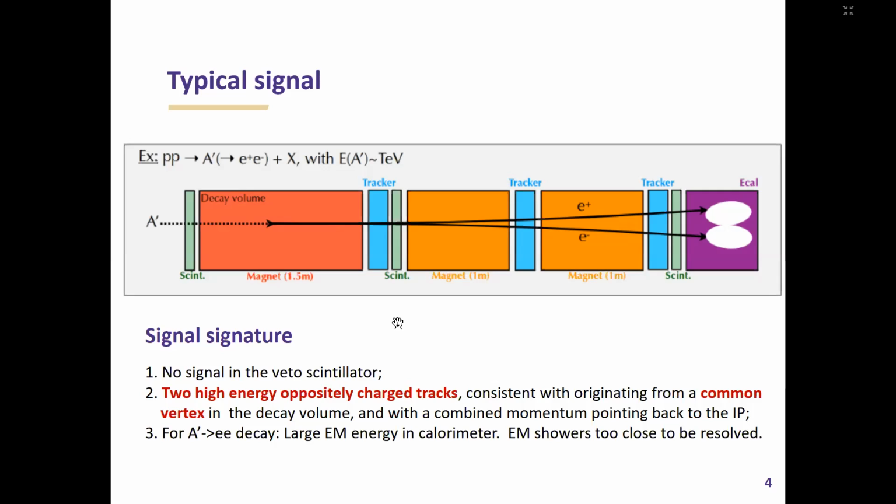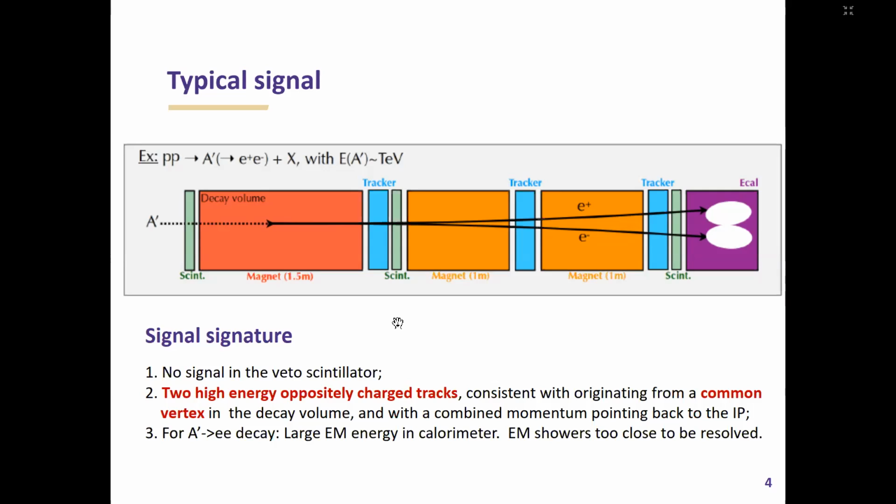Well, I just wanted to say that for the dark photon signal, we don't really care exactly where the decay vertex is, but if possible we'd like to be able to say that it came from within the decay volume rather than at the veto. So for the longitudinal resolution, it doesn't have to be extremely good.